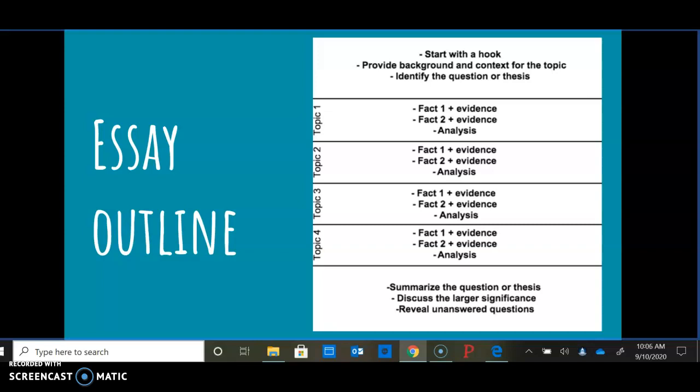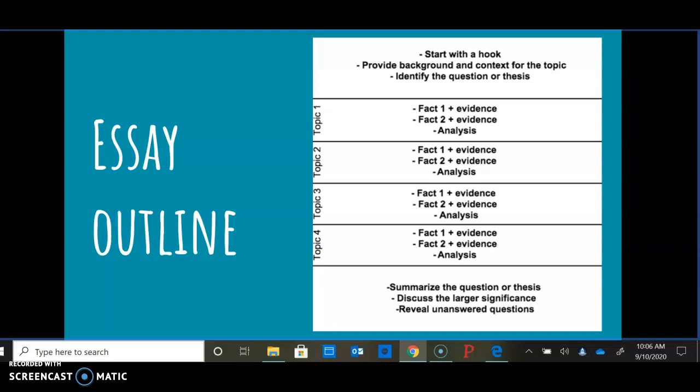You should have your fact and evidence, and then an analysis, or what that means. How does that fact and evidence contribute to what you're saying? And so you'll do that for your body paragraphs, whether it be 1, 2, 3, or 4.